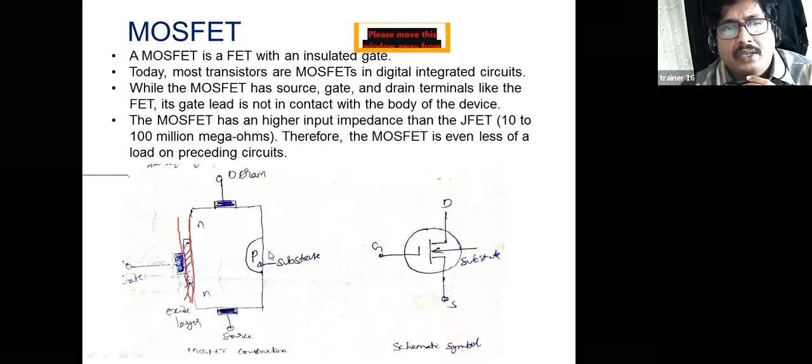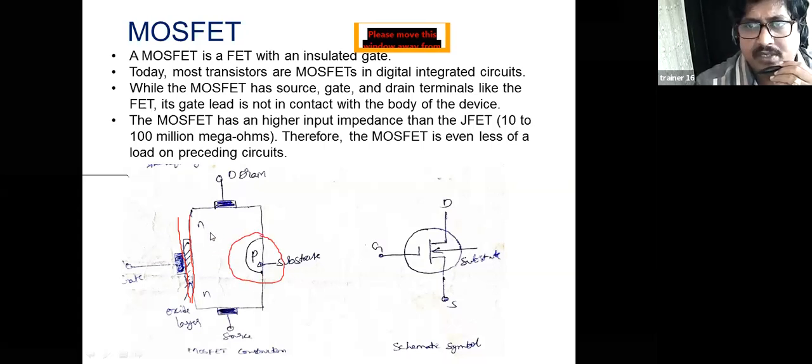Again I am repeating, the MOSFET construction. On one side is a P substrate, and here an N type semiconductor. If you consider this an N channel and this a P channel, then there is N type semiconductor on the drain side and N type semiconductor on the source.